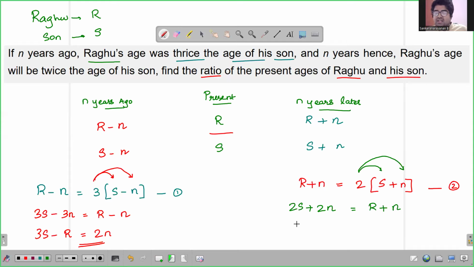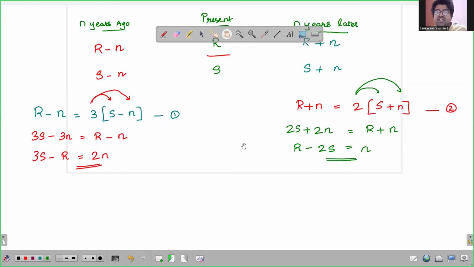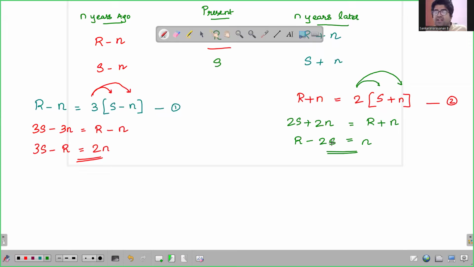From this, I can see that R minus 2s, please observe, R minus 2s is equal to n. Got it? So that's the next condition I am getting. But please be aware, in this particular case, I can see that two conditions I have arrived at. N is nothing but R minus 2s. And you see that 2n, that is what you see here.